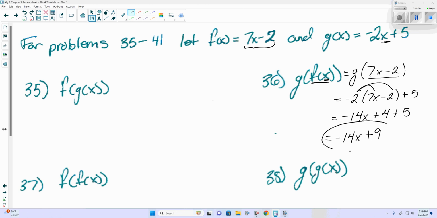Combine like terms, we get negative 14x plus 9. Questions on this here? We'll get to 41 here in a second. Are there any other questions on 35, 37, or 38 before we look at 41?